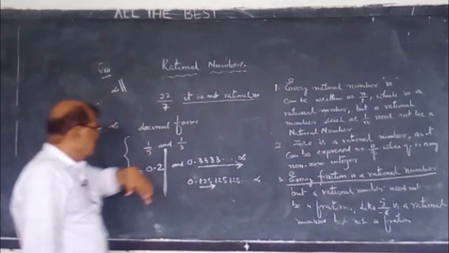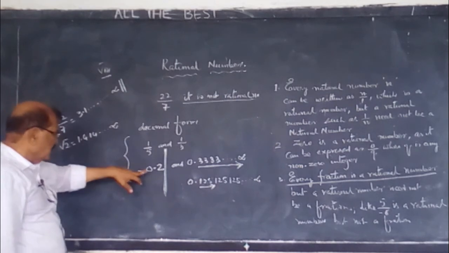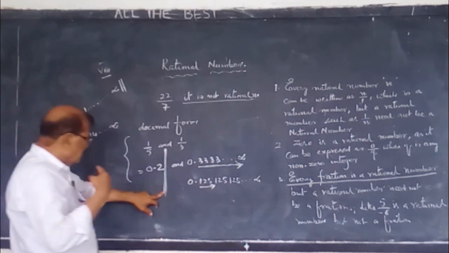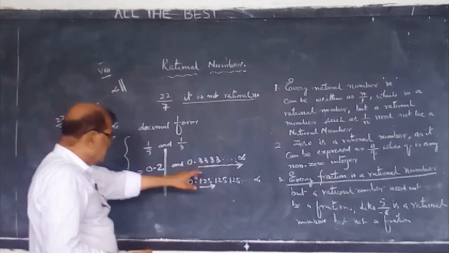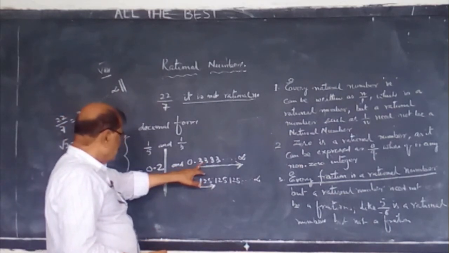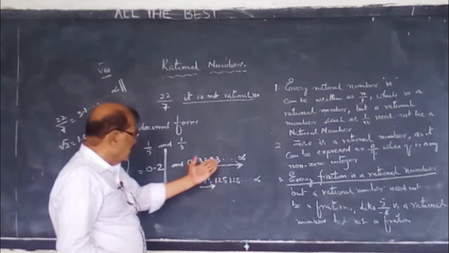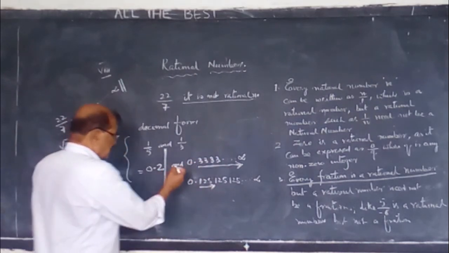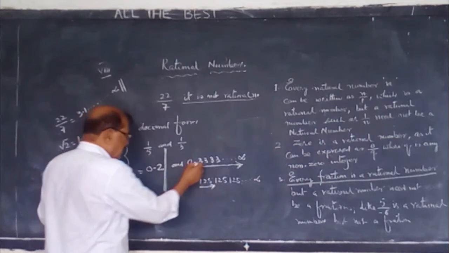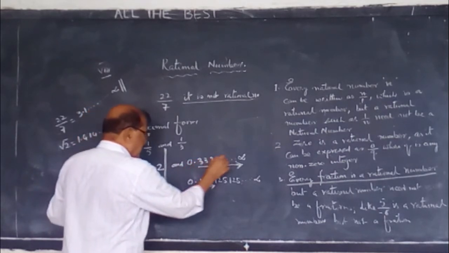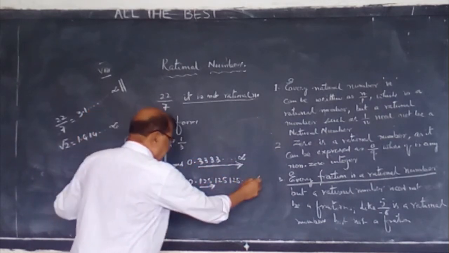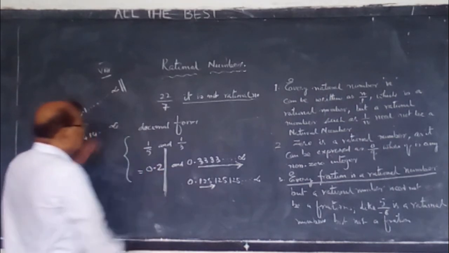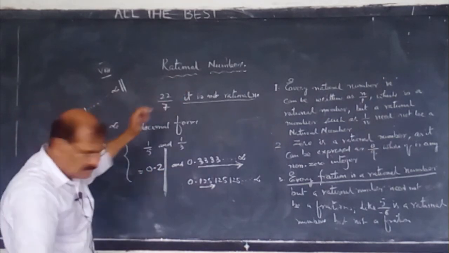It is either ending, or recurring and non-ending. So two possibilities are there. This is the correct way of defining a rational number.